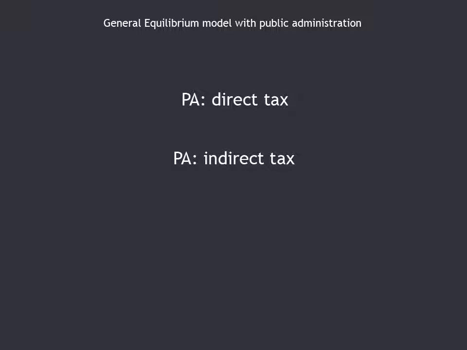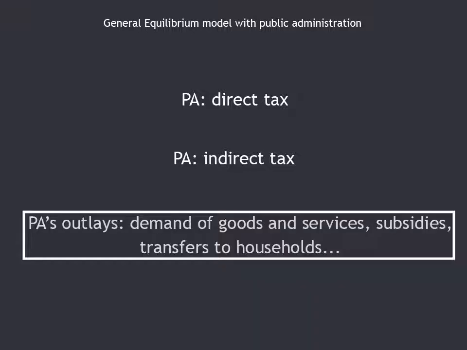So what we will do in this computable general equilibrium model is that we will suppose one type of direct taxation, an income tax on household, and one type of indirect taxation, which is a tax on consumption of goods and services. Let us consider now public administration's outlays.